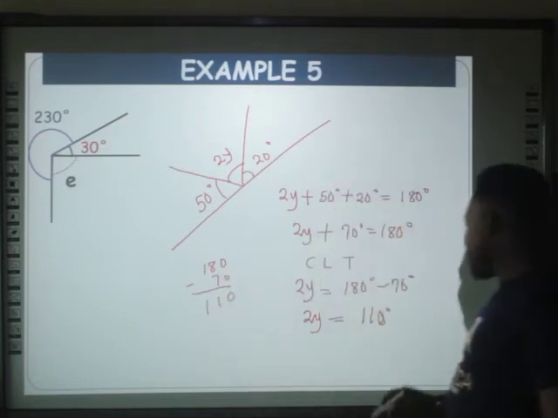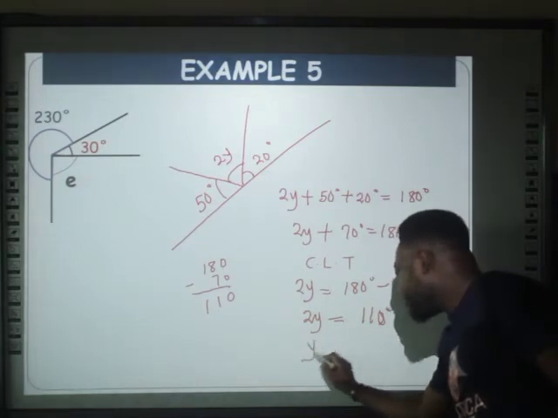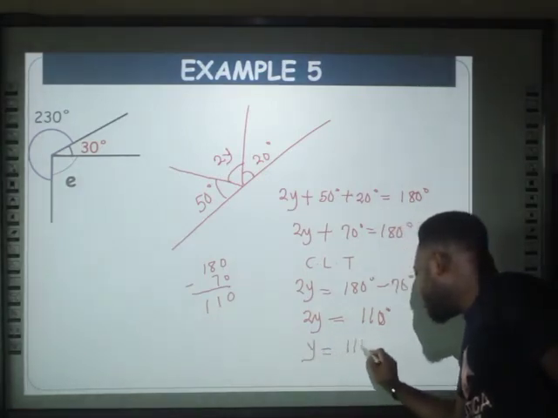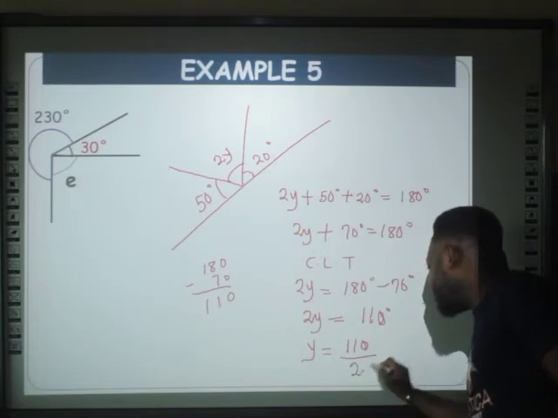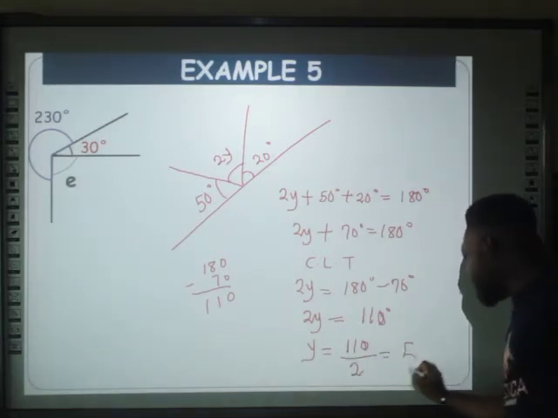Drop down 1. So if 2y is equal to 110 degrees, that means y will be 110 divided by 2. Now, how many 2s can we get in 11? That will give you 5.